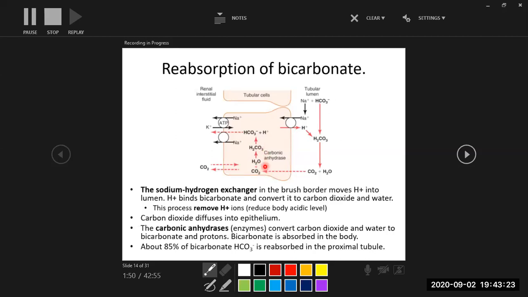CO2 and water forming H2CO3 can happen on its own, but to increase the production, an enzyme is needed. This enzyme is called carbonic anhydrase, and that increases the efficiency a lot.